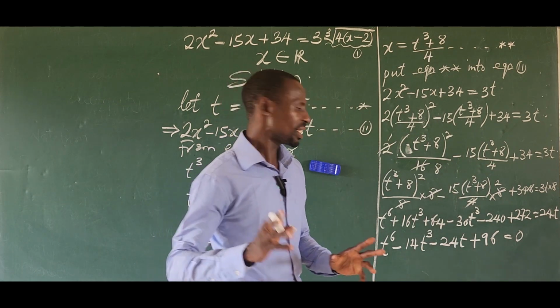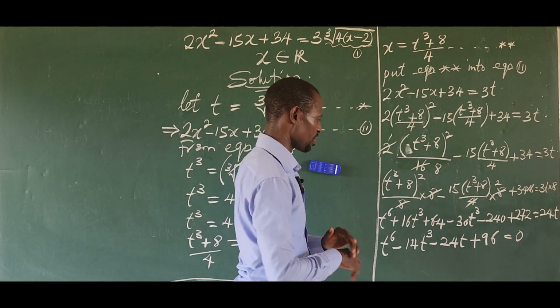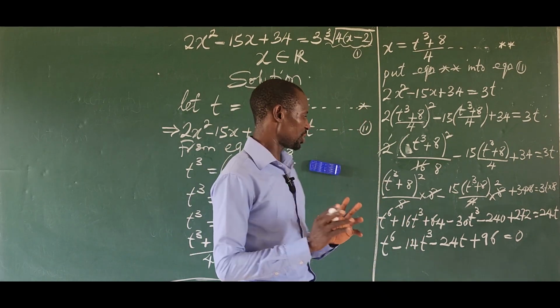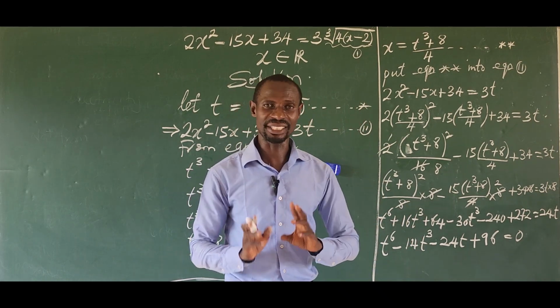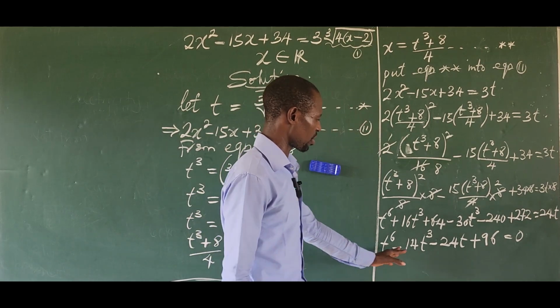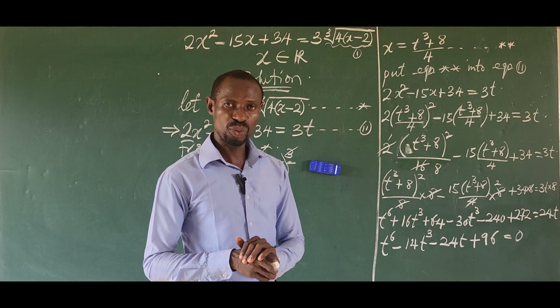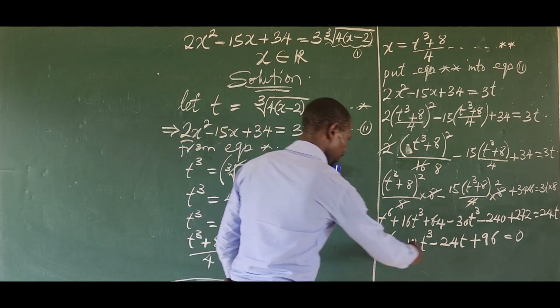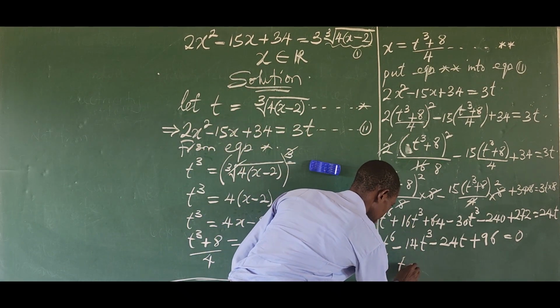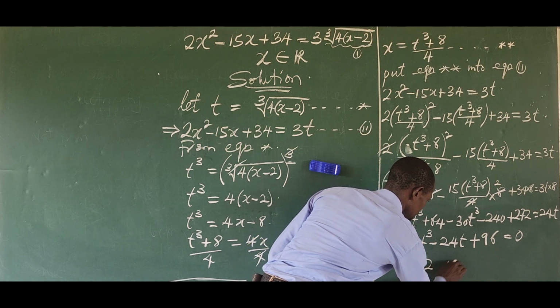All right. So this is a 6th degree polynomial equation. We're going to use the trial by error method. And if we go by the trial by error method, we're going to discover that t minus 2 is a factor. So from here, we have t minus 2 is a factor.